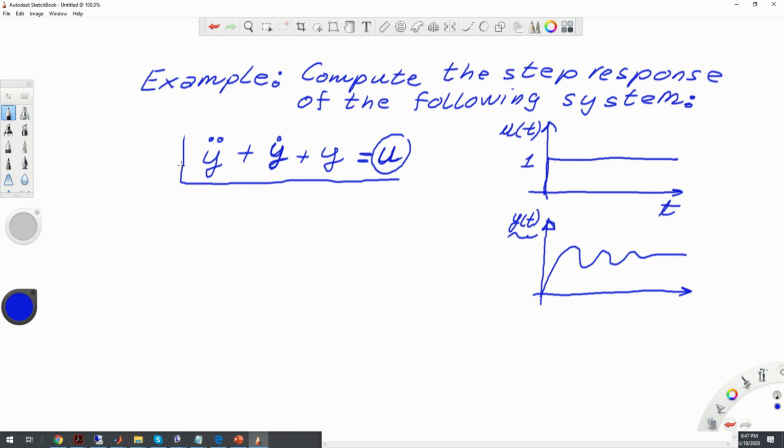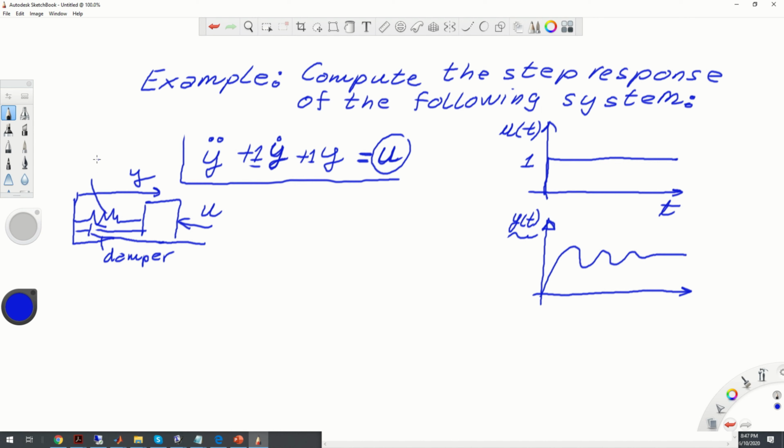Now, what is the physical interpretation of this ordinary differential equation? Well, this can be a simple mass and spring damper system where u is a force, y is the displacement, and these coefficients here, 1 and 1, this is a damping coefficient of the damper, and 1 is nothing less than a spring constant.